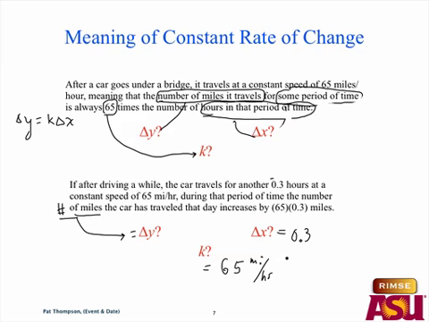Or another way we talk about relative size: how many times greater is the number of miles traveled than the number of hours traveled? 65, meaning of quotient, right? Meaning of quotient is relative size. And that gives us rate. It gives us how fast the miles are changing in the units of the hours, or with respect to the hours.